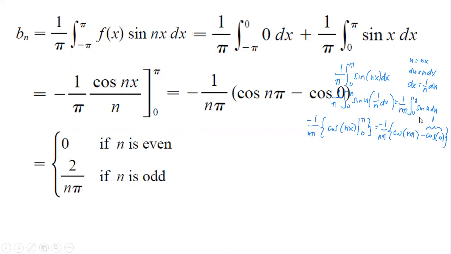So if we try to substitute certain values of n, we can generate these two possible values of b sub n, so either 0 or 2 over n pi.